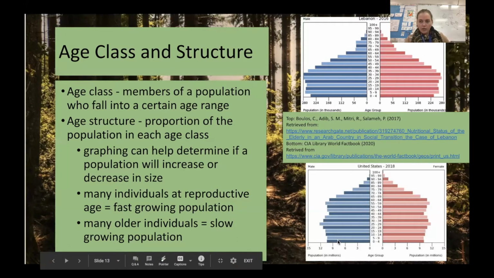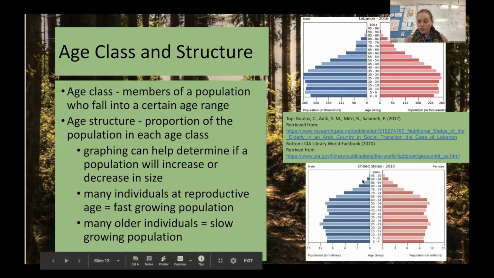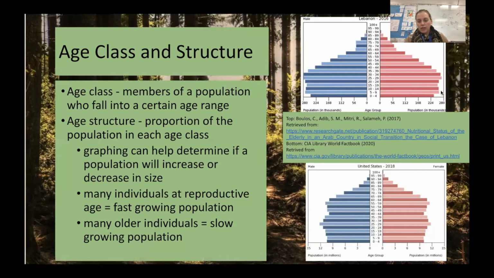Now, if I want to know if a population is increasing, decreasing, or staying the same, these can be very useful. If I have a lot of people in this age structure diagram that are young, that means there's a lot of people yet to come to reproductive age. There are very few people here getting around 60 to 70 years old, which is where life expectancy is.